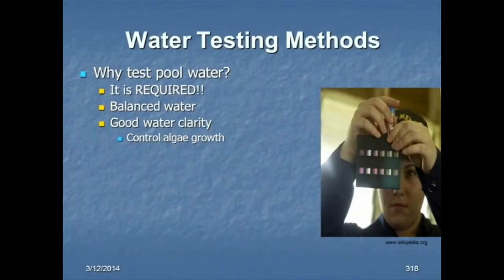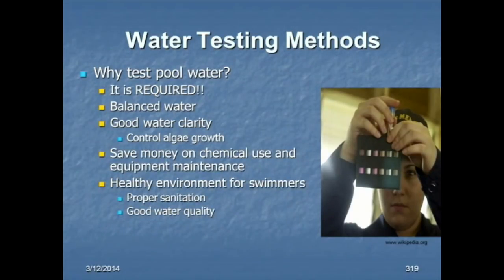Why is it that we need to test the swimming pool water? Well, first, of course, it is required by the code, and we want to make sure that we've got that good, balanced water that we strive for. Good, crystal clear clarity is great. Control that algae growth. Good water testing procedures on a regular basis are going to save money on chemical use and maintenance of equipment, and provide a healthy environment for our patrons in our swimming pools.